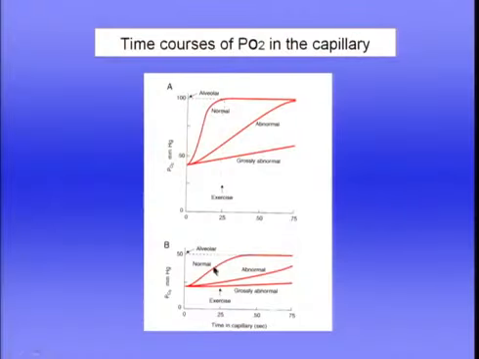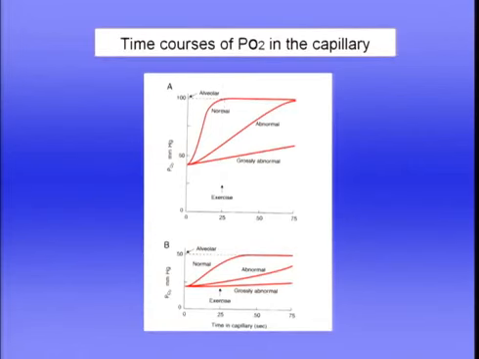I should just add here for the purists that although it looks as though this slow rise is caused by the low partial pressure gradient, an exact analysis shows that the reason is an imbalance between the solubility of the gas in the blood-gas barrier and the solubility in blood, or more strictly, the slope of the dissociation curve.